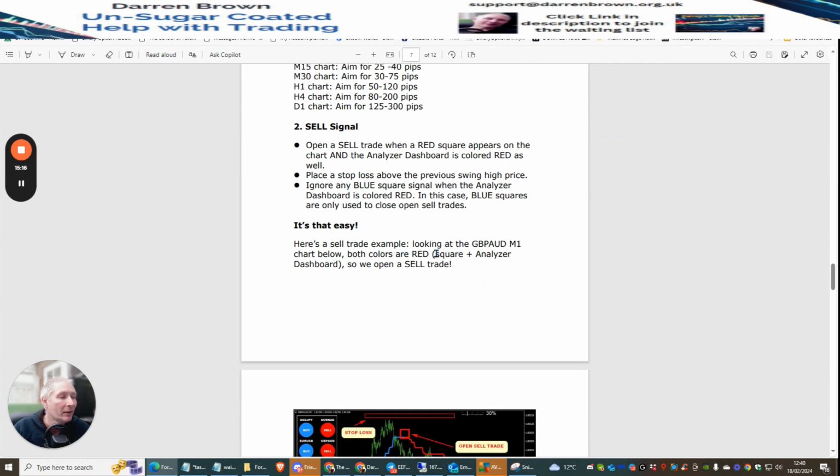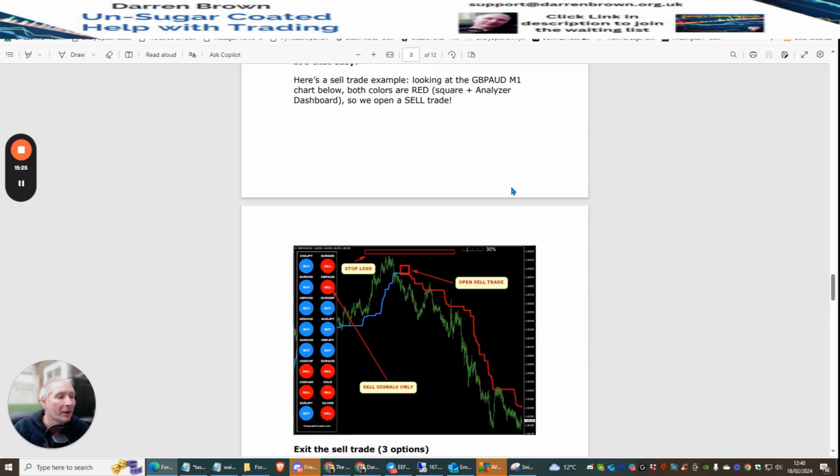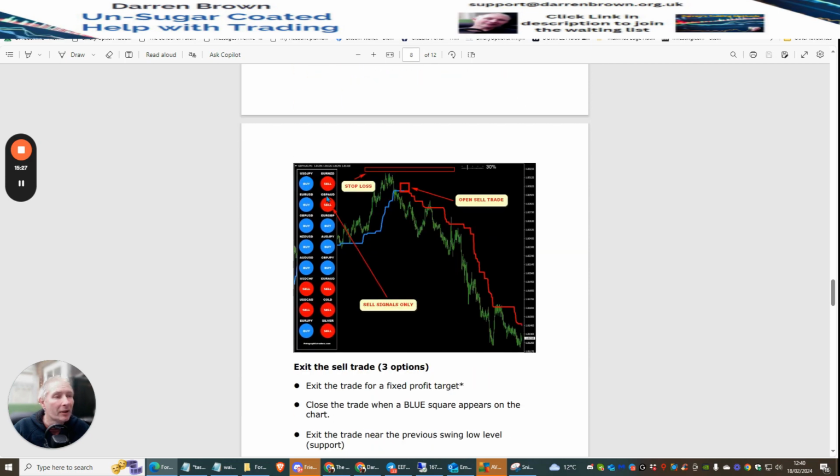So here's a sell trade example looking at the GBP AUD 1 minute chart below. Both colors are red, square and analyzer dashboards, so we open a sell trade. We're looking at GBP AUD, which is in sell. You can see that this is sell only.